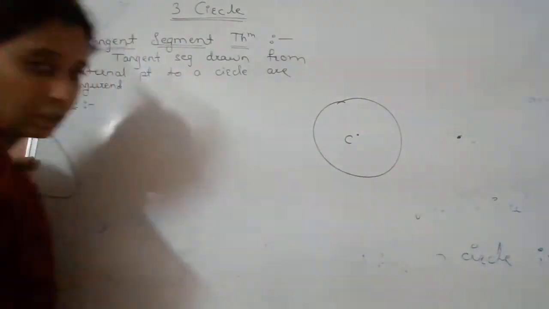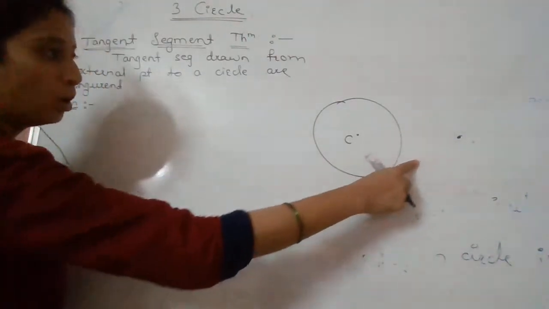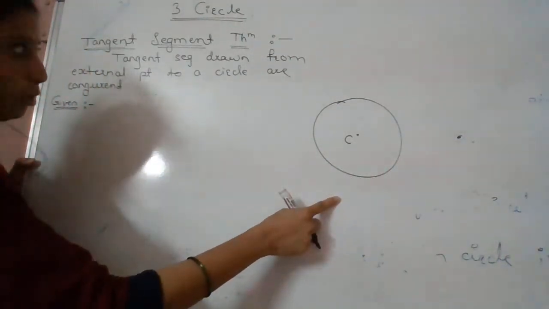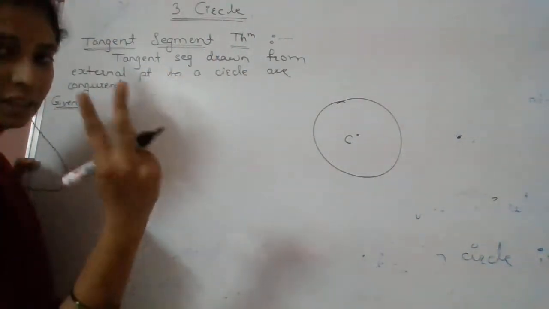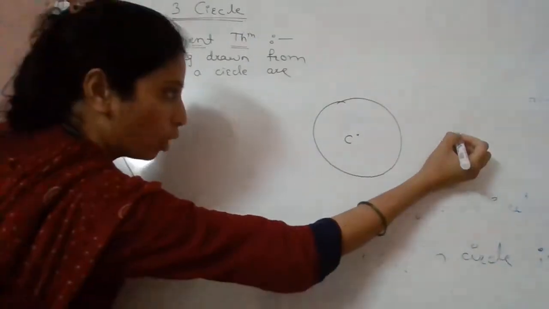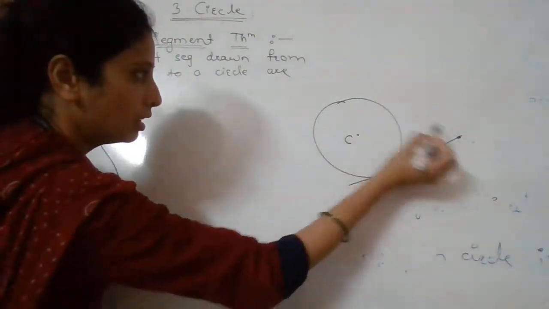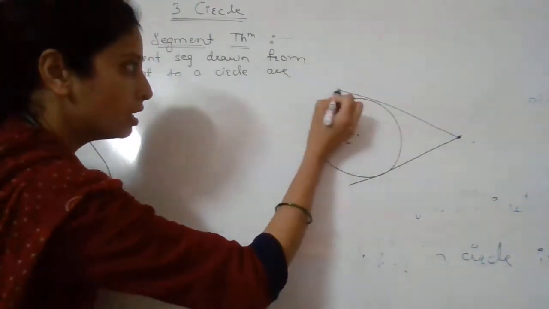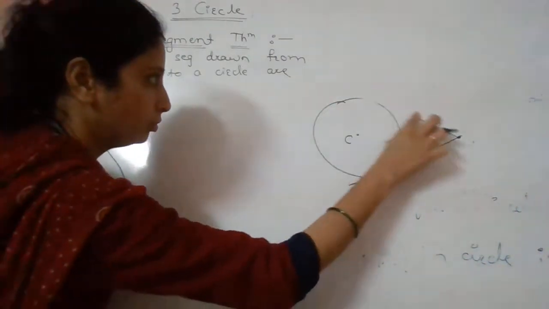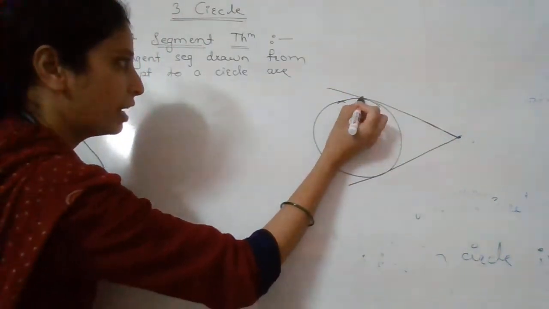From this external point, we draw two tangent segments. Obviously, two are possible, not more than two can be drawn. So I am drawing two tangents here: this is the first tangent and this one is the second tangent.